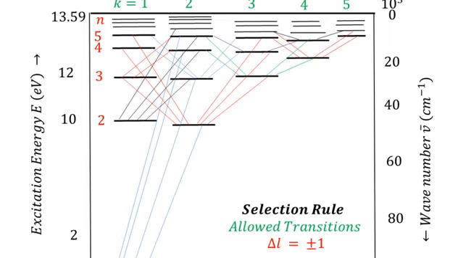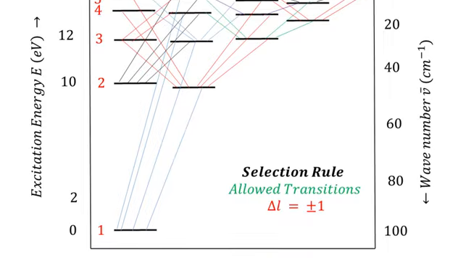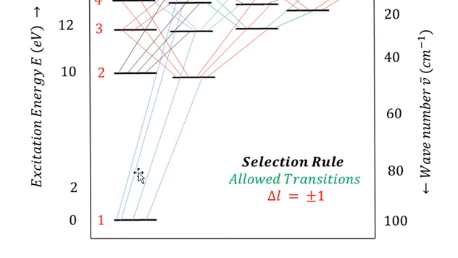But I can raise it to the level shown on the right hand side of the principal quantum number 2, and similarly to the levels above. Even then, I cannot raise the hydrogen atom from the first level to the level number 3 of the principal quantum number 3.